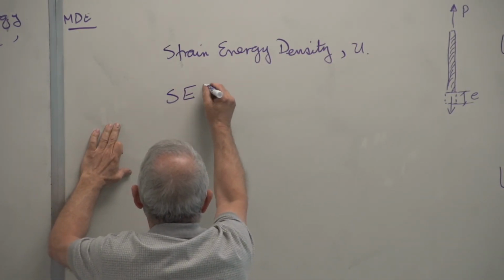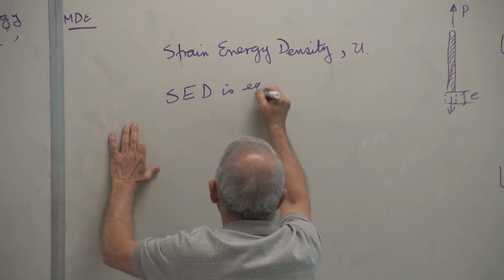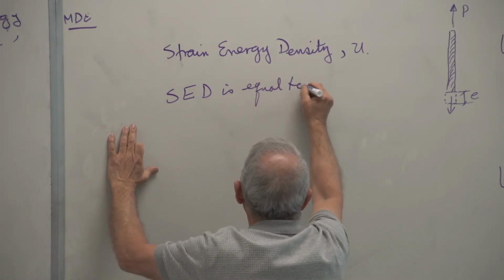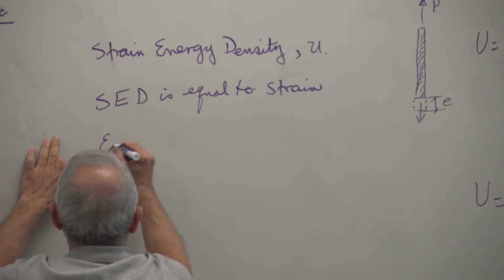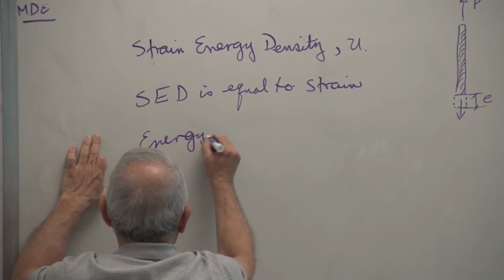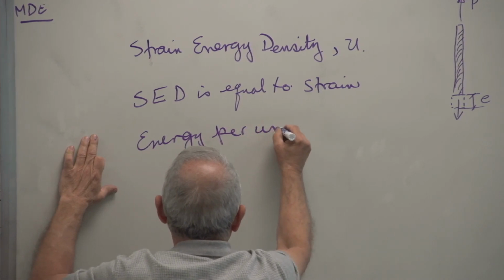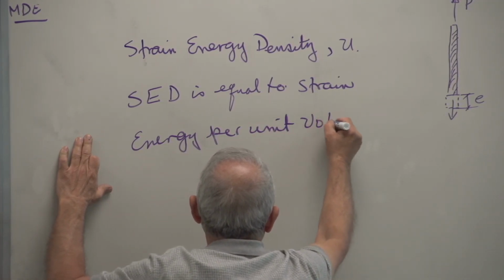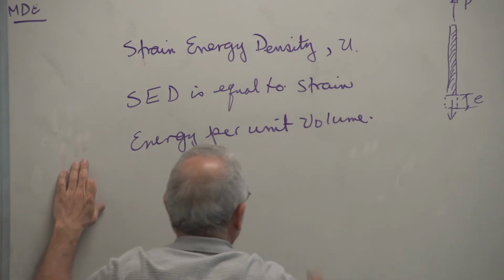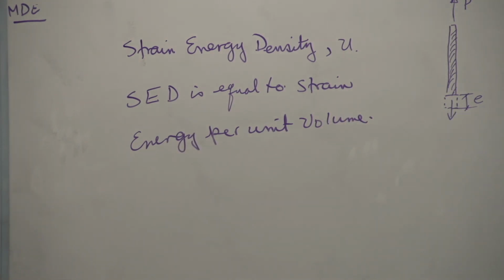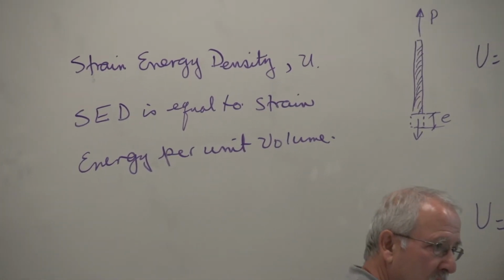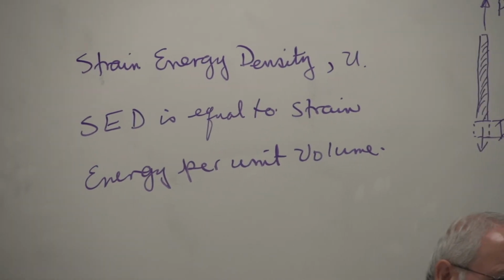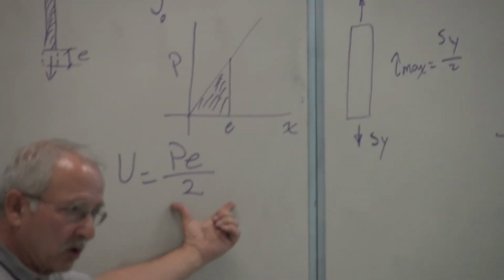Strain energy density is equal to strain energy per unit volume. So, if we did this much work on the rod, we increased its strain energy by that much.